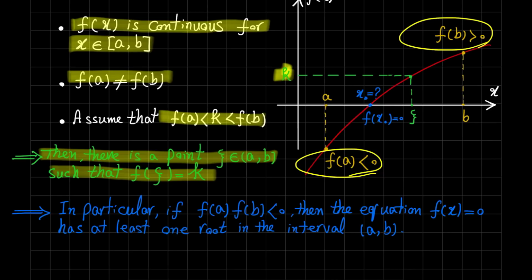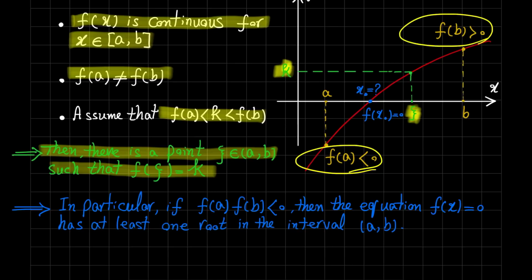Here you see that since the red curve is continuous, we can have a point like psi on the x-axis, which is related to point k through f(x). So we have this from the theorem.